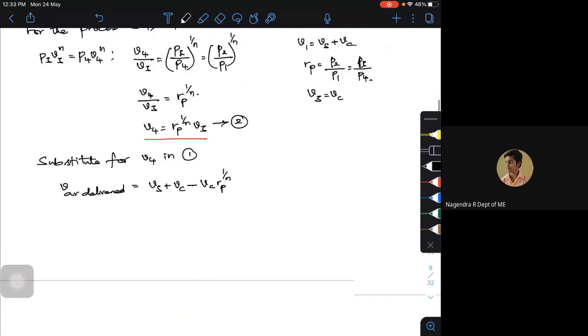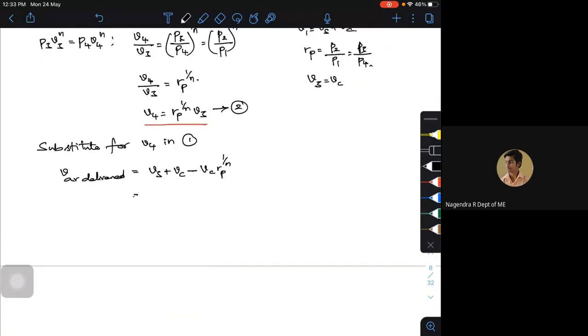Now if you look at this, I can have a common factor between these two. So Vs plus Vc minus Vc into Rp to the power of 1 by n.